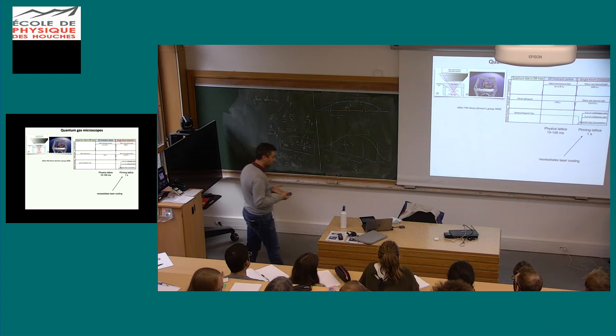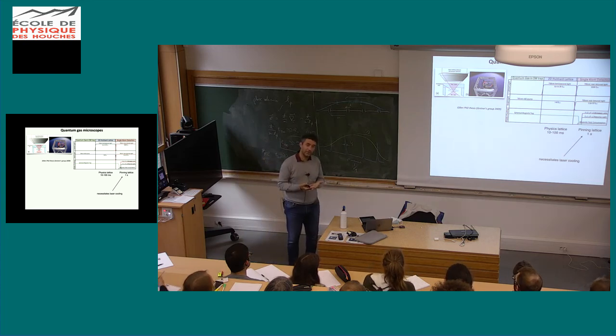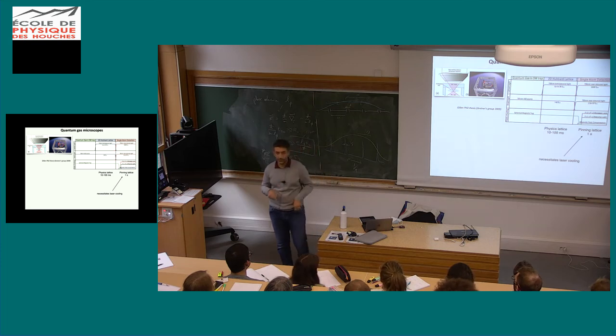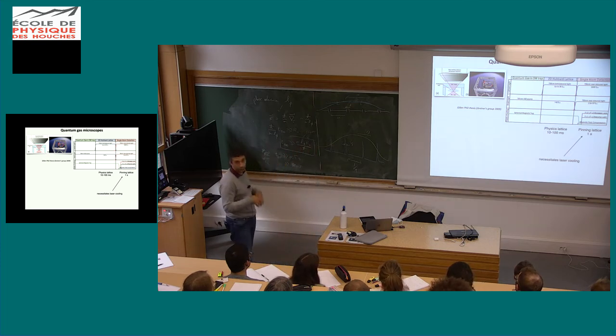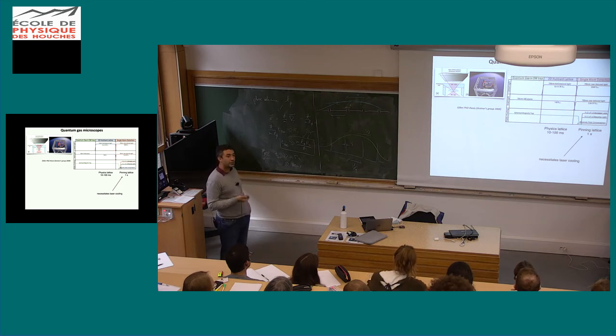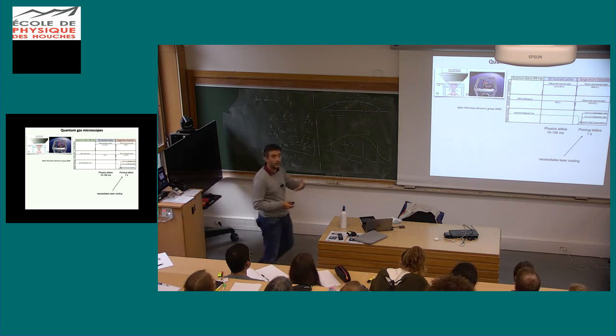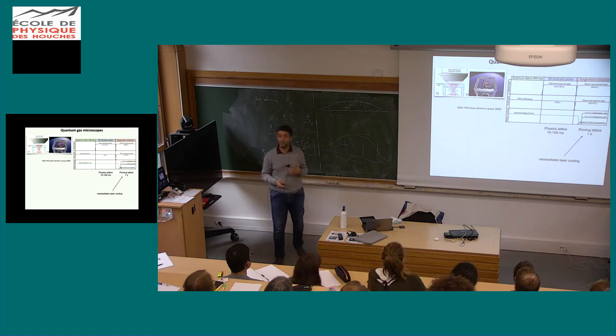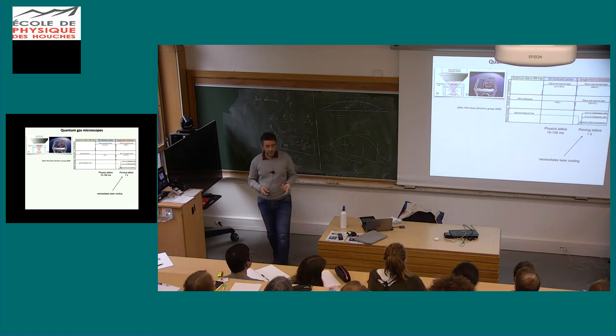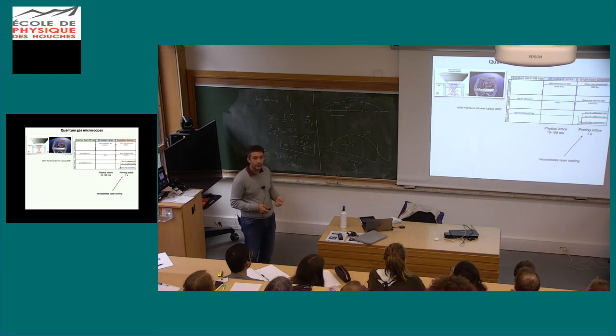While the atoms are in the lattice, you make them fluoresce and measure the fluorescence, and you need a large numerical aperture for that. But if you have a shallow lattice and shine light that the atoms absorb and re-emit, they get a recoil energy when they emit a spontaneous photon. So in a shallow lattice the atom will move, and you will not be able to say where it is.